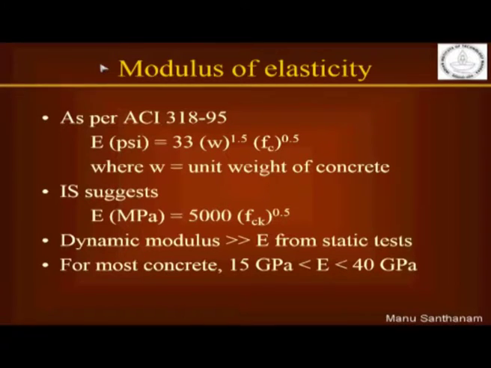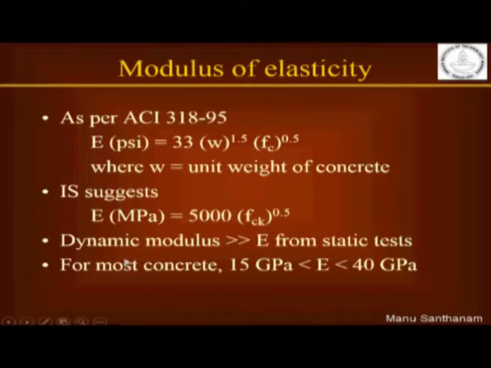The testing for E modulus is a little more complicated because we are now trying to measure strain in the concrete specimen. You can affix strain gauges or use what are known as compressometers for that purpose. So, it is more involved as opposed to simple uniaxial testing of compressive strength. So, very often codes give these relationships for us to calculate the modulus of elasticity.